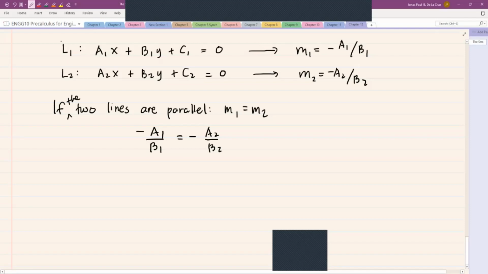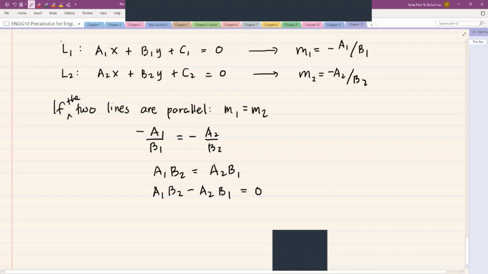Magkaroon tayo ng A1 B2 is equal to A2 B1. So yan yung relationship ngayon ng mga coefficients kapag parallel yung mga lines. So pwede din natin isulat ito as A1 B2 minus A2 B1 is equal to 0. Ito ngayon yung relationship ng mga coefficients nung line kapag parallel sila.